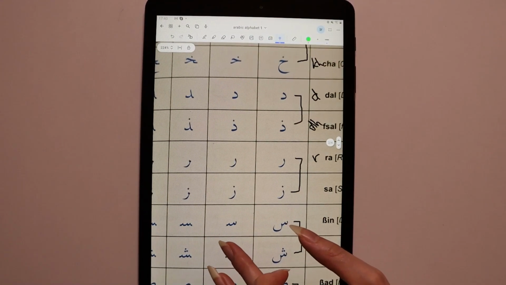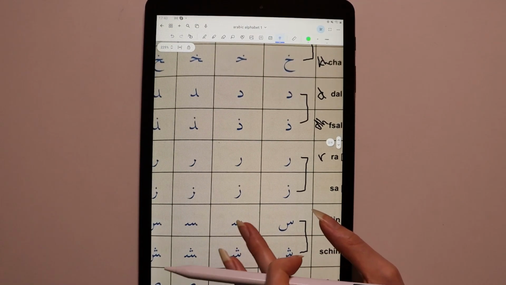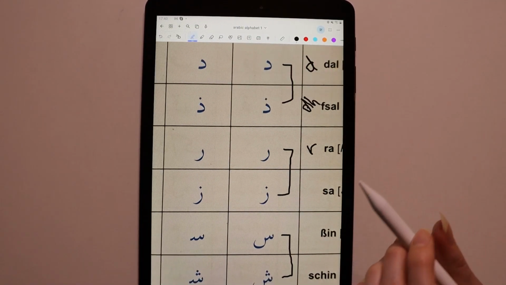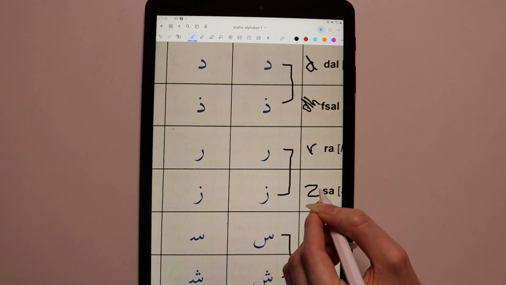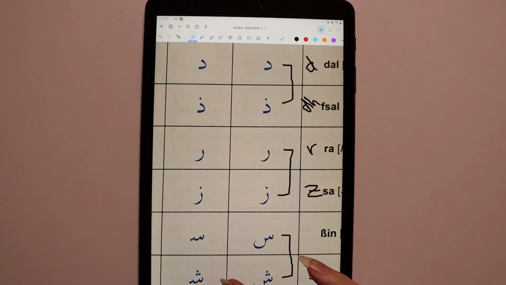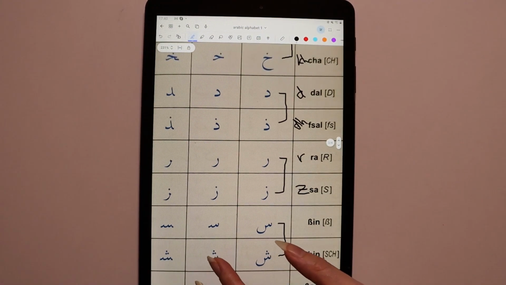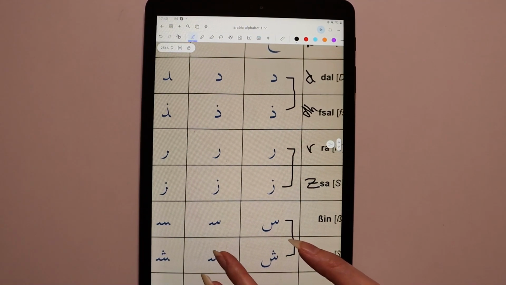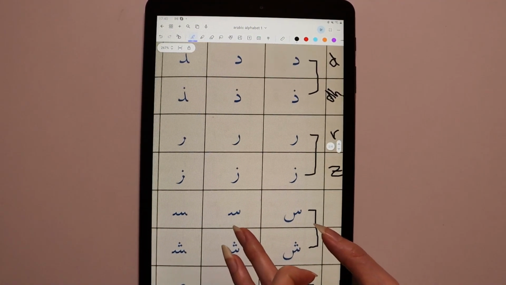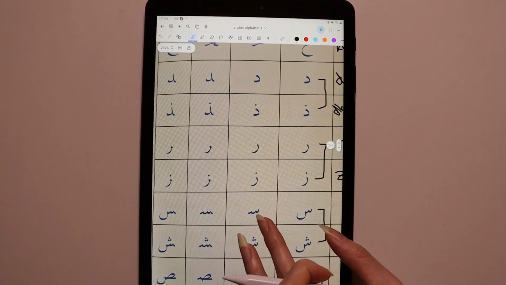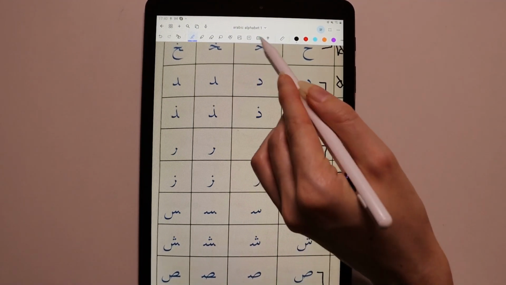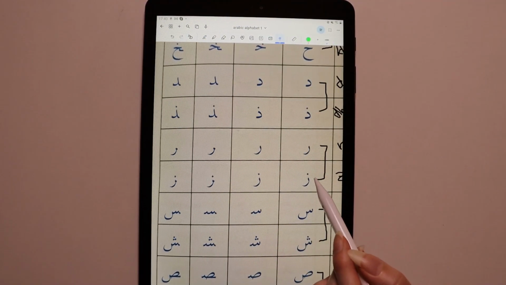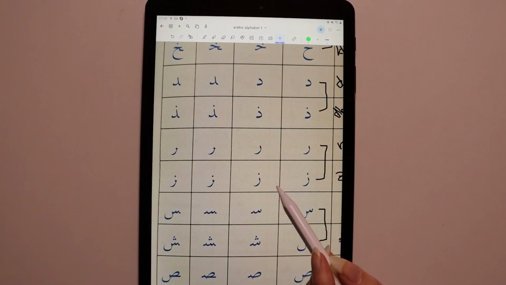Then we have a za, like in the name Zayn as an example. And it's like in zoo, I would say, roundabout, za. Ra and za. Za is written like ra, but with a dot on top, and again you can't connect it to other letters.